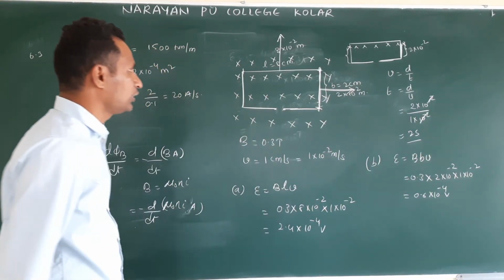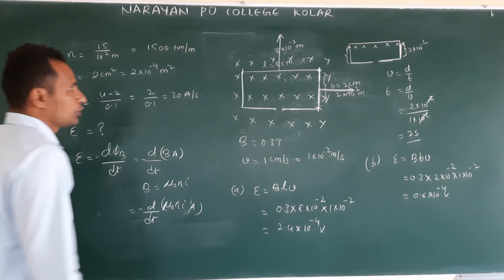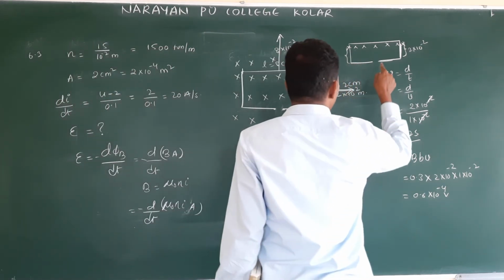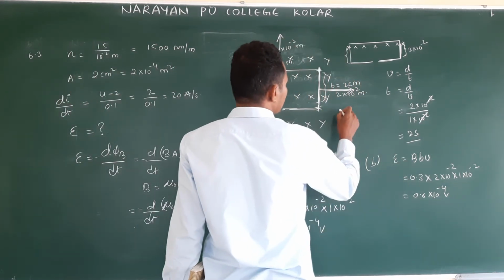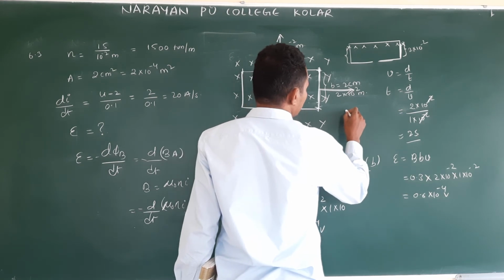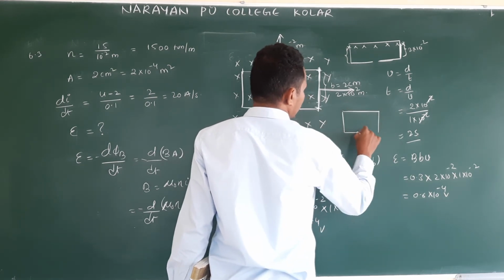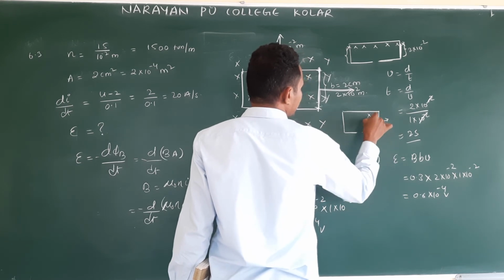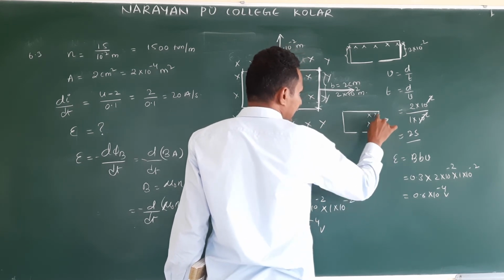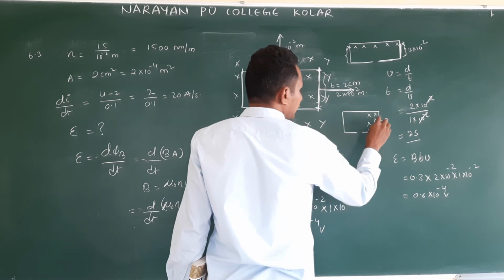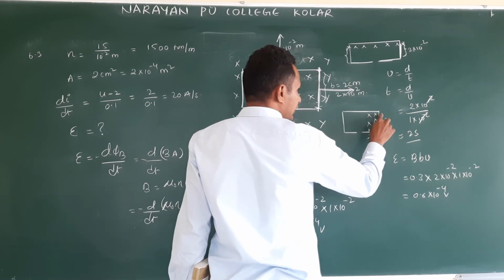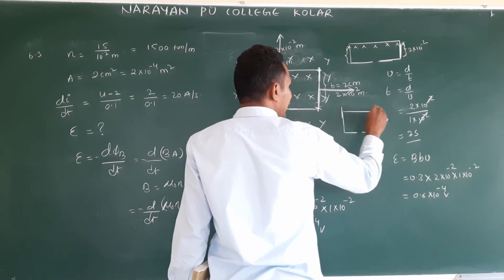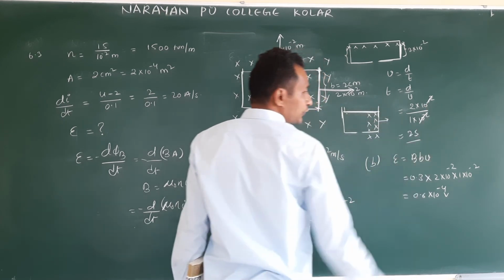How long does it develop? Like the same figure, but now this is going, this is the field. As soon as this end is moving out, induced EMF is produced. It lasts as long as this length comes out of the region.